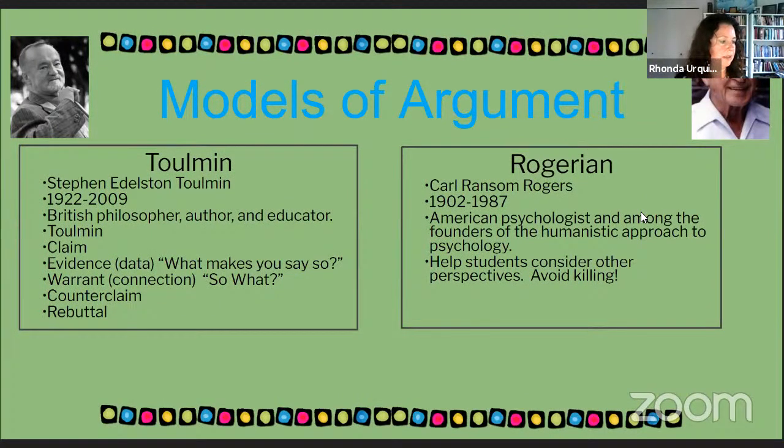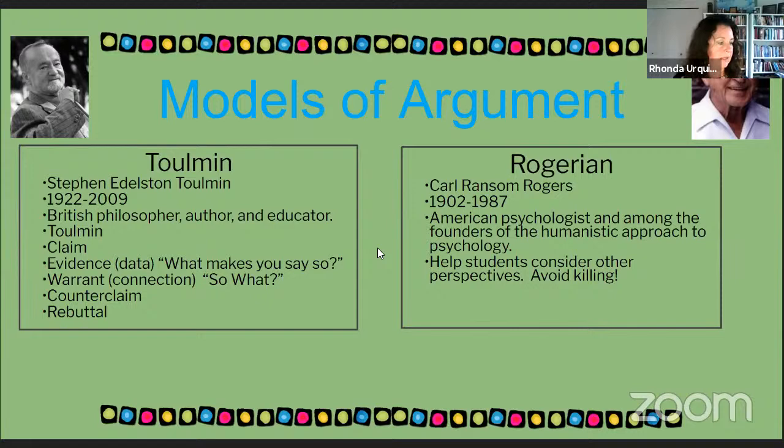I tried to capture these so you wouldn't feel like you need to be writing this stuff down and saving it. On page 10, that's there. And on 11 and 12, we've got a couple of different arguments written out, one according to what Toulmin would do and one according to Rogerian. But I'm also going to have you watch really quickly a little video that helps us understand these two.